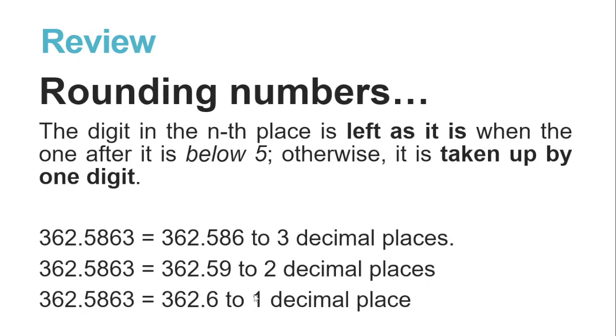We also talked about rounding to significant figures. If you want to check that out, just check our sixth lesson. And we always need to round numbers to give an approximate value.